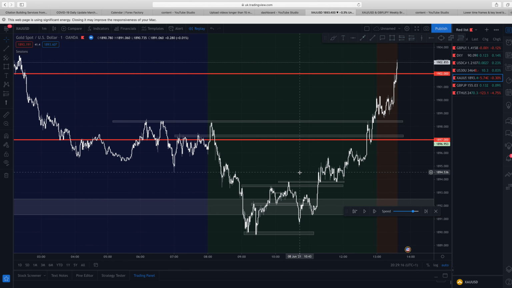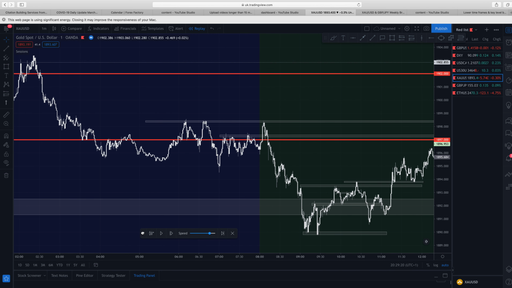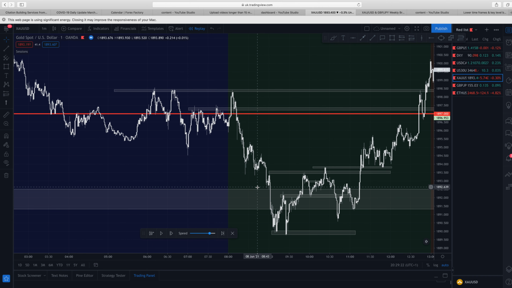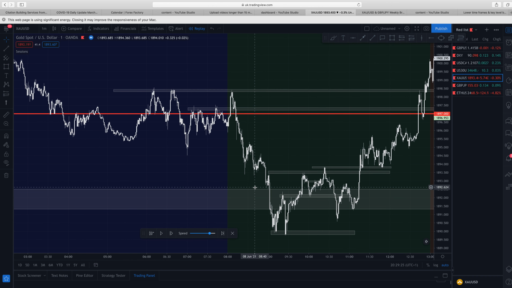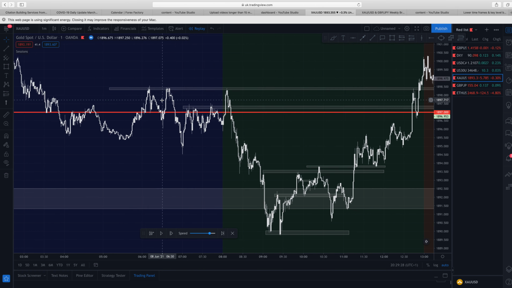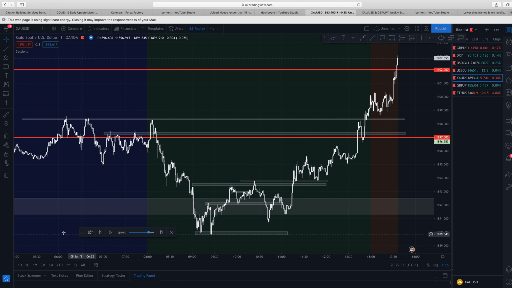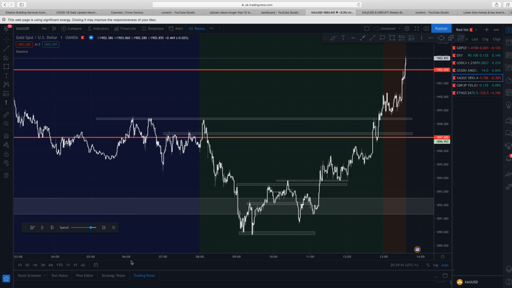So again, you can get quite lost in the noise. Trying to figure out the best way to play this trade. Let's just break down the market structure.